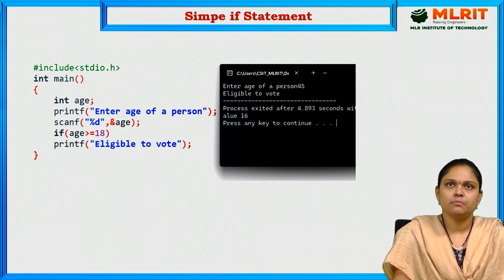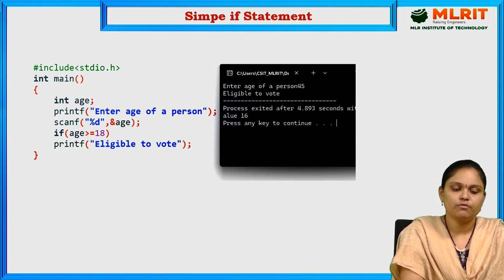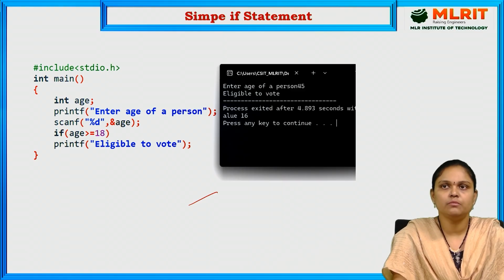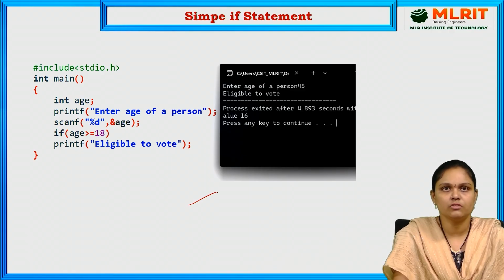So, a simple program for the simple if statement. This is an example program to find whether a person is eligible to vote or not. For that, the input we are taking is age, and as we know, if a person is eligible to vote, that person's age should be greater than or equal to 18.